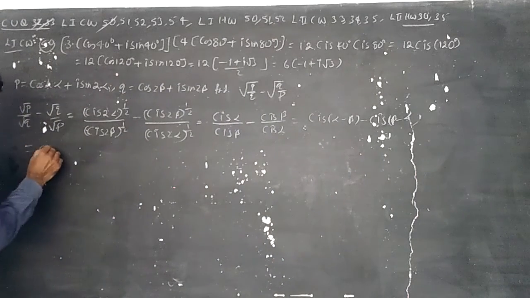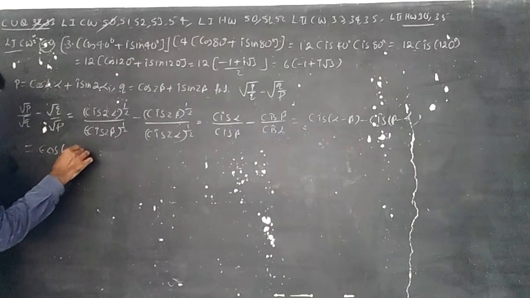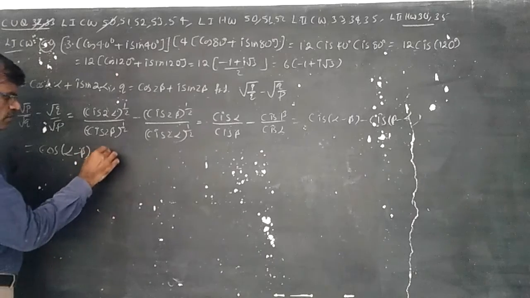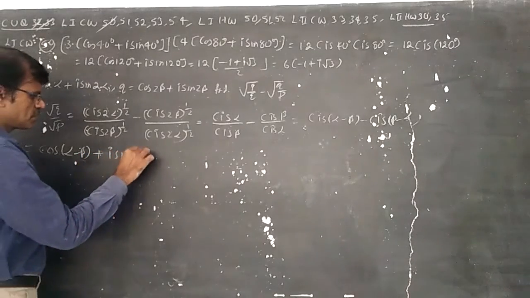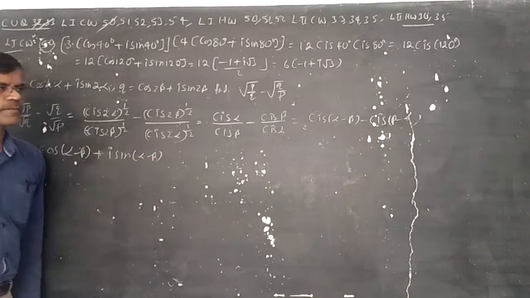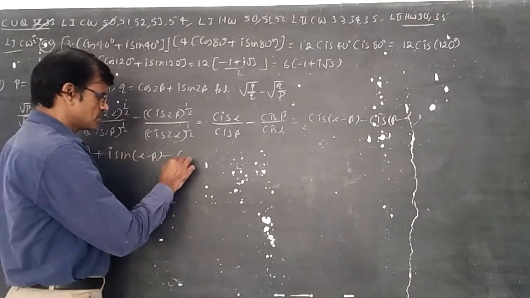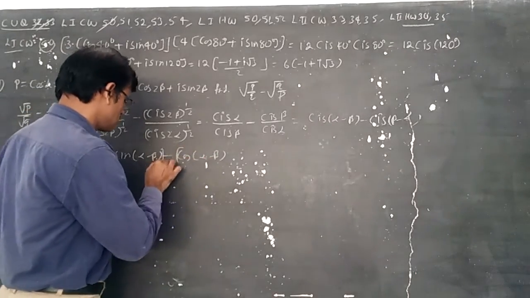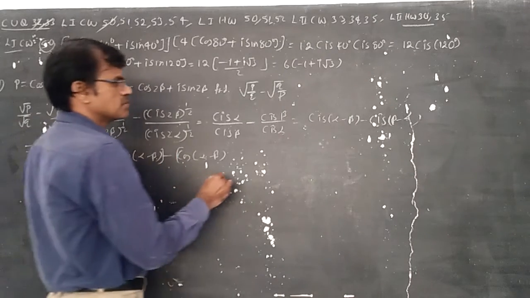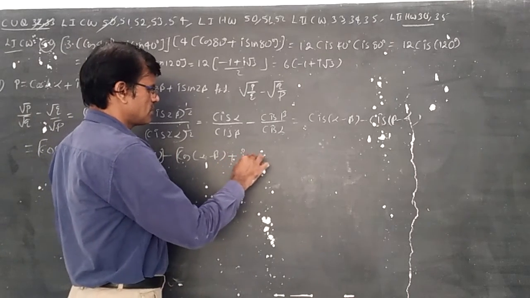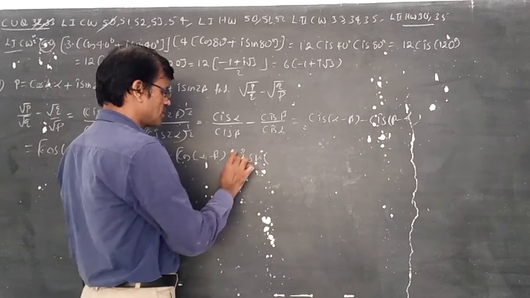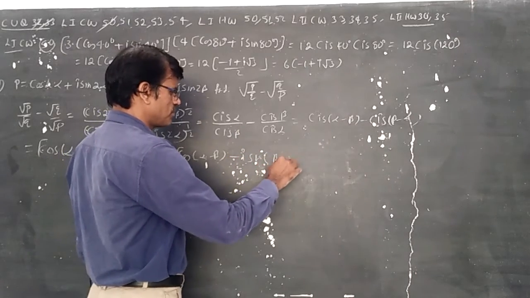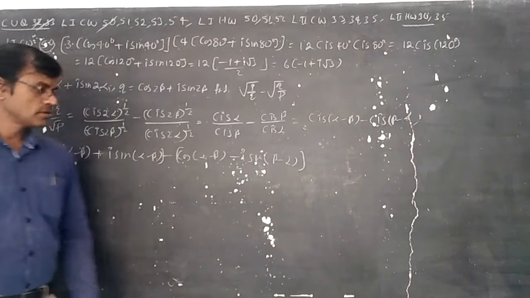This cis can be understood as cos of alpha minus beta plus i sin of alpha minus beta, minus cos of alpha minus beta plus i sin of alpha minus beta, which you can write as minus i sin of beta minus alpha.